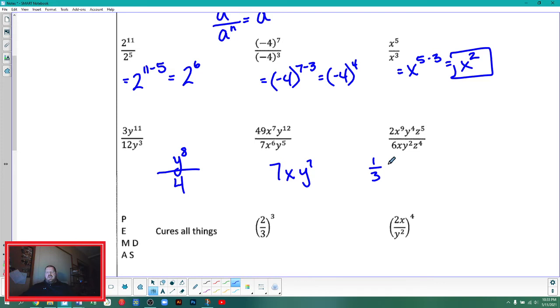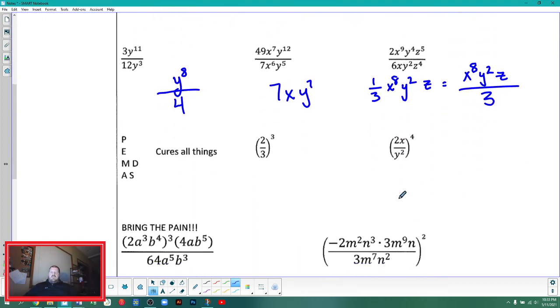That looks like x to the 8th. 9 minus 1 is 8. y to the 4th over y squared. 4 minus 2 is 2. And z to the 5th over z to the 4th. 5 minus 4 is 1. So I get that. Another way I could write that would be x to the 8th, y squared z, all over 3.